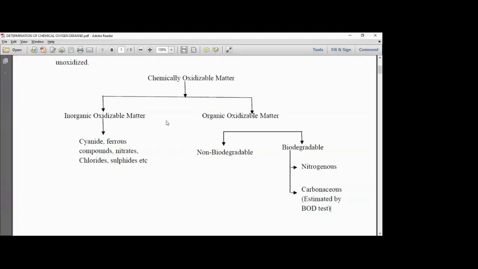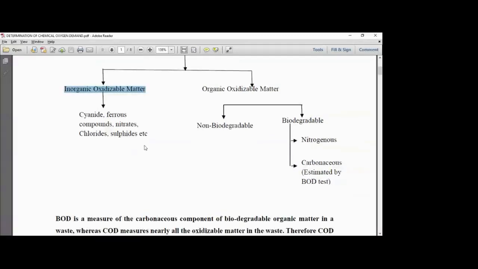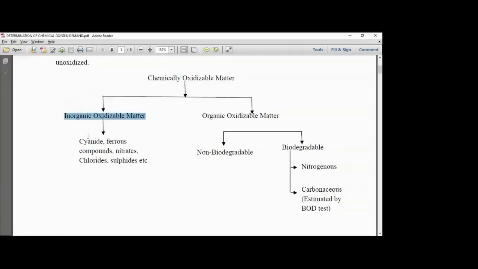But if your COD value is very high compared to your BOD value, it suggests that the inorganic oxidizable matter is very high. And because of that, what will happen? If it is inorganic matter, we can't treat it with microorganisms. Hence, we can't give any biological treatment, or the biological treatment is of no use here.